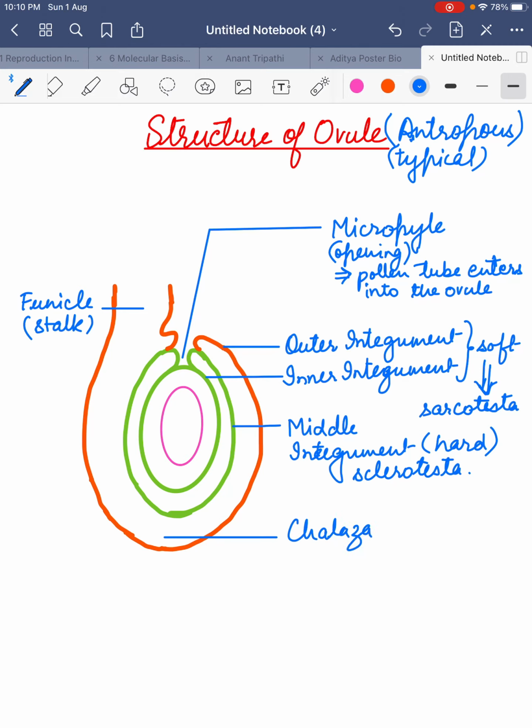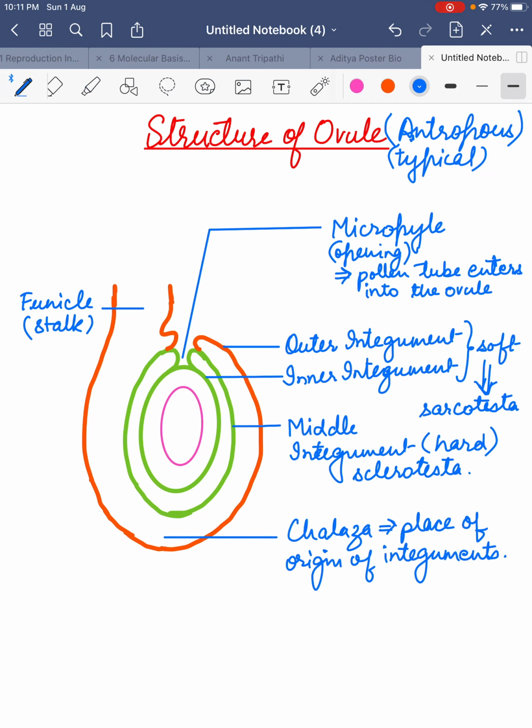This part is called chalaza. It is the place of origin of integuments. So by this we mean that the integuments originate from this part.